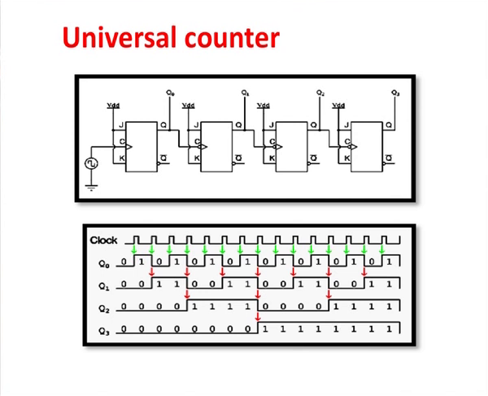So, as the pulse arrives at the clock input of the first JK flip flop, the output of this first JK flip flop toggles, and this toggle acts as the clock input to the next JK flip flop, and the output of the next JK flip flop toggles.